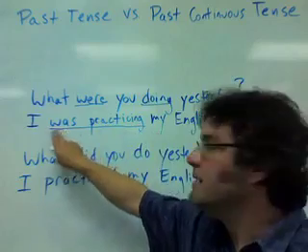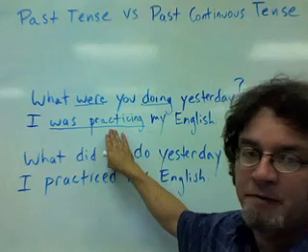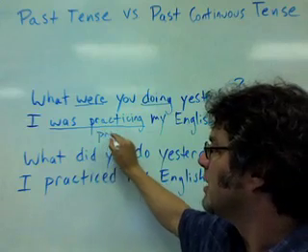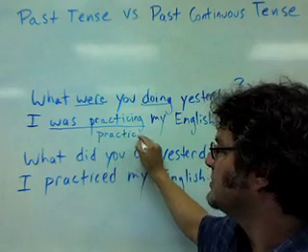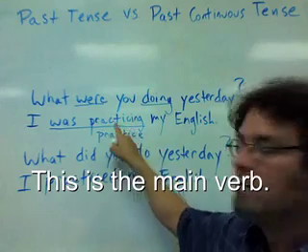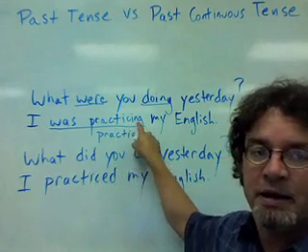Here's the verb be, it matches the subject, I. And the main verb, practice, P-R-A-C-T-I-C-E. This is the main verb. And when it's in the continuous form, you take the E off and then add ing.